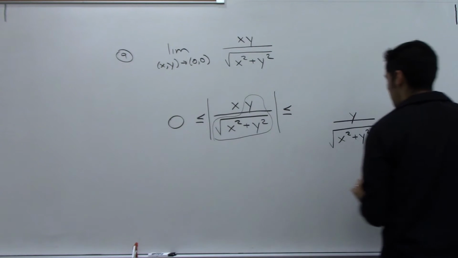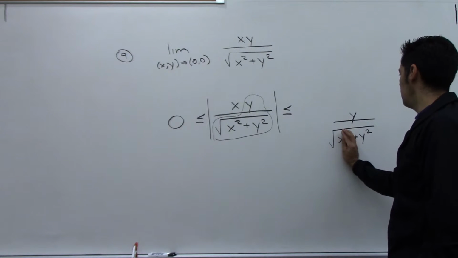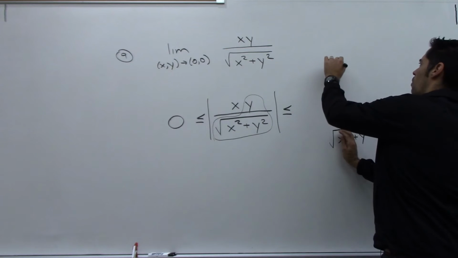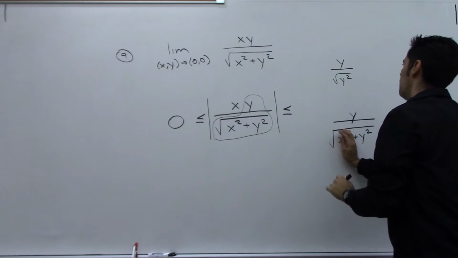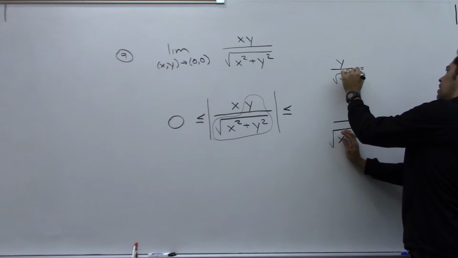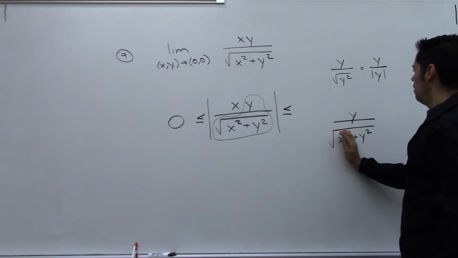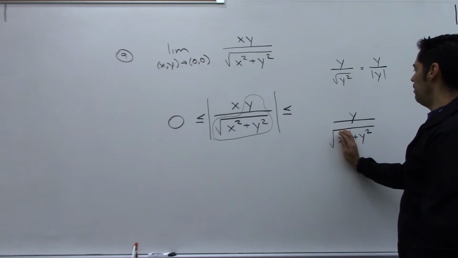If x is 0, then that's just y over the square root of y squared, which is the same as y over the absolute value of y, which is either going to be -1 or +1, depending on what y is.